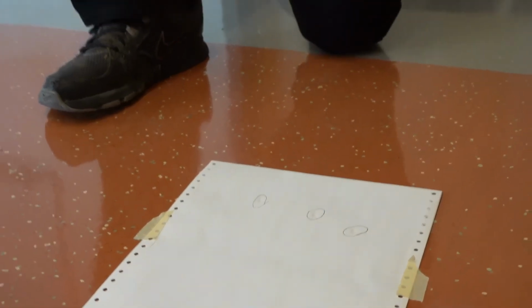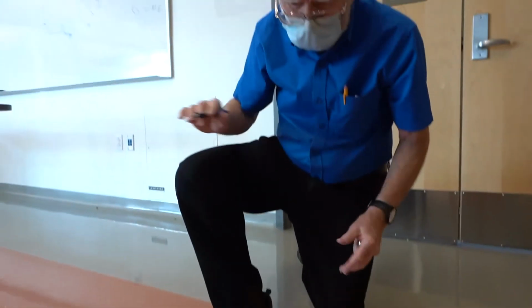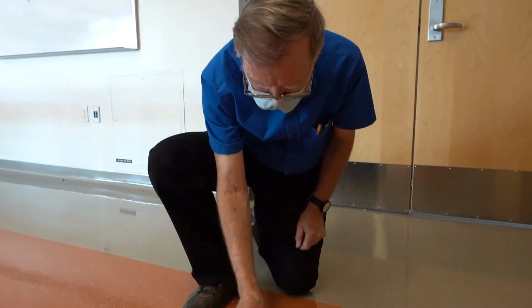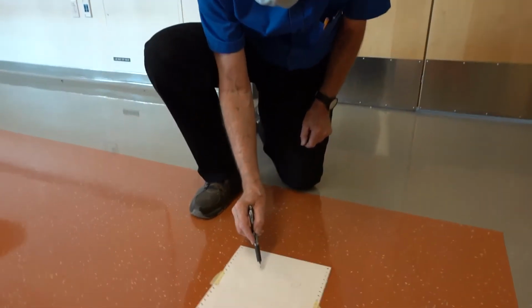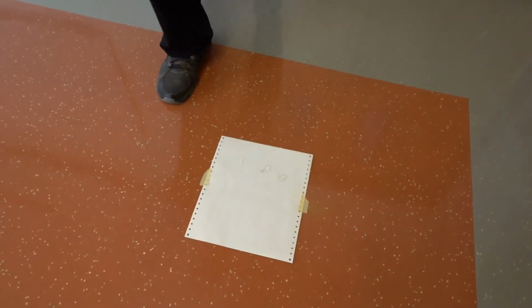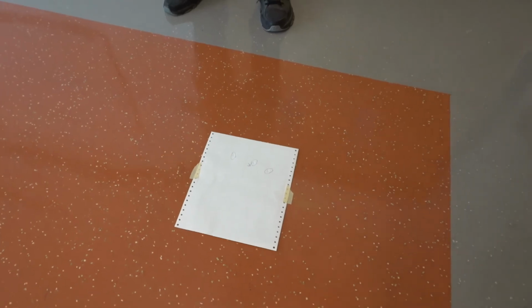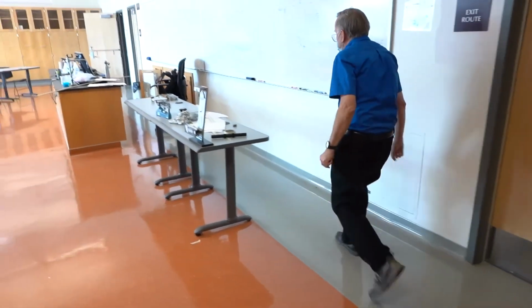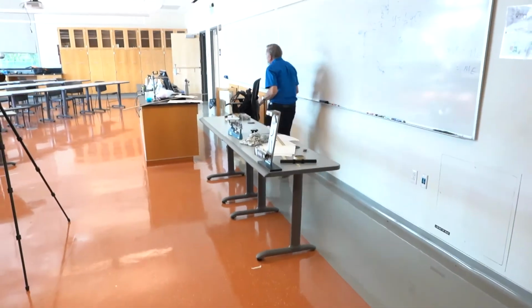Depends on how I pull the string and whether the device is moved or not. So I'm going to take the average position of these things somewhere in the middle, I say right about here. I'm going to measure the distance from the starting point on the floor to that position and call that the range.